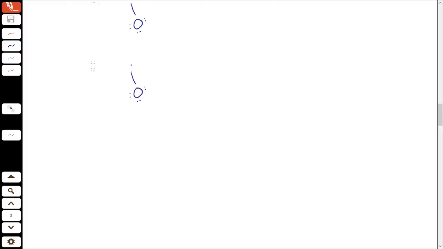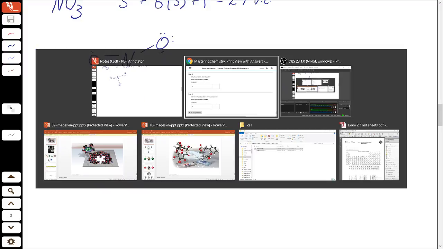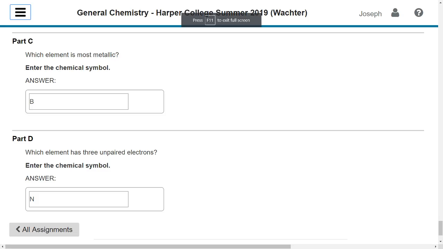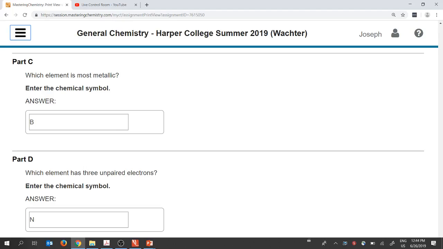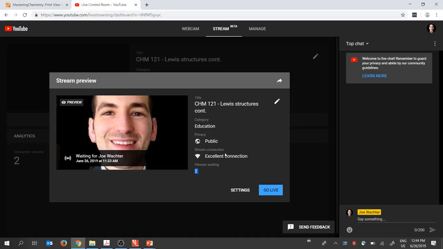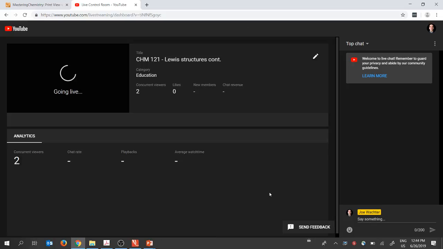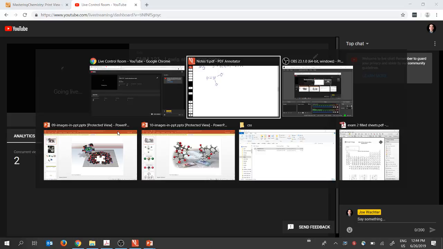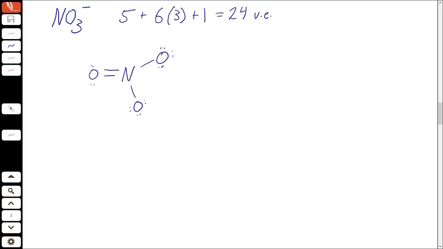All right, so yesterday we started writing Lewis structures. Let me start the streaming here. Okay, so we talked about how to draw Lewis structures like this.